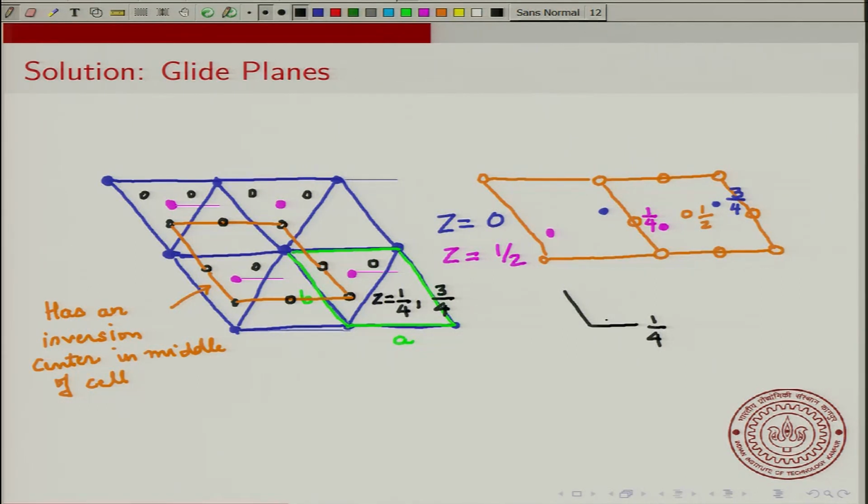The next thing that you will see is that there is a glide plane that contains the A and C axis, and this will reflect the crystal. So, now there will be several glide planes in this crystal and in this lattice, and let me show some of them.